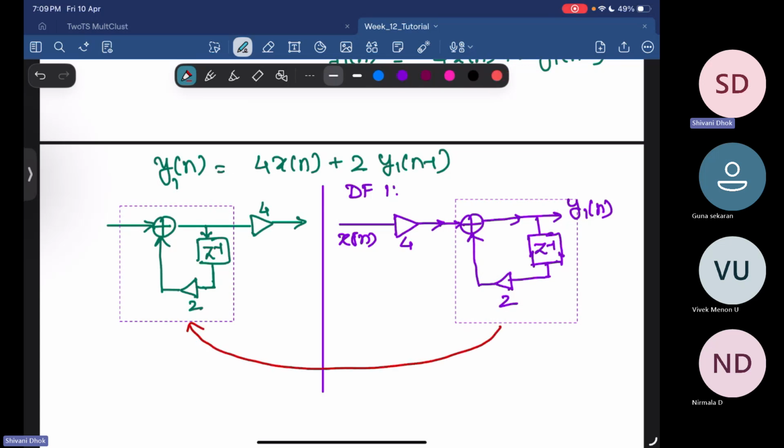And if you look at this part and this part, they are the same. Is it clear now?